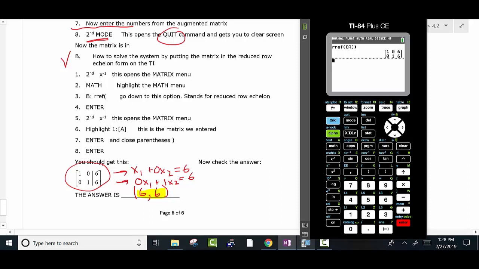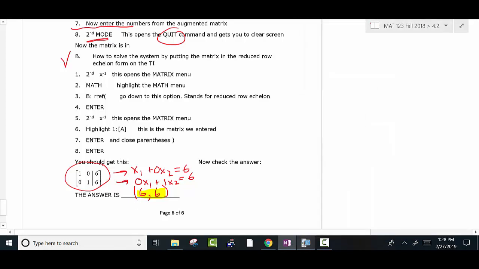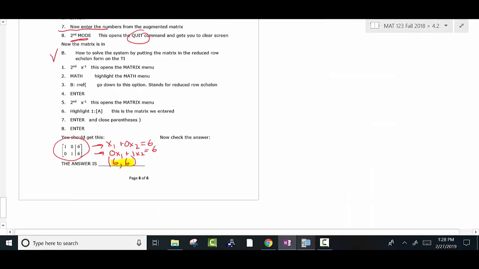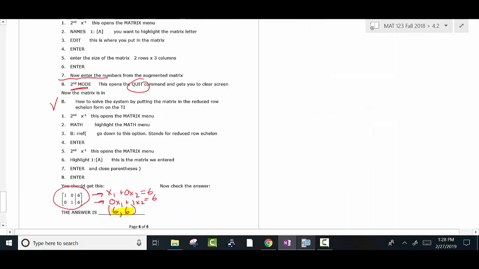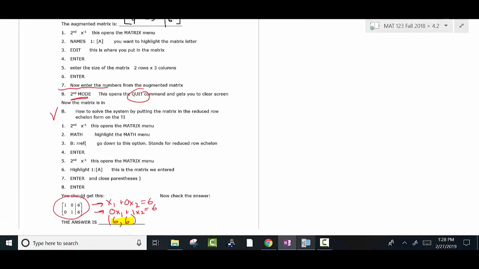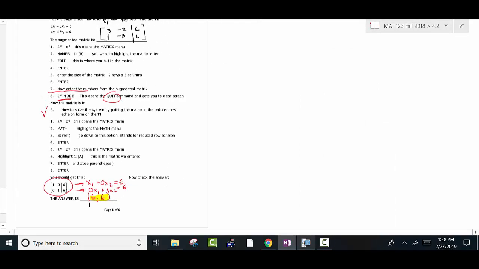The other thing I want to show you is that we're going to check the answer real quick, and then we'll move on. The system we're doing is 3x1 minus 2x2 equals 6, and 4x1 minus 3x2 equals 6. What would you do to tell you're right on this problem?